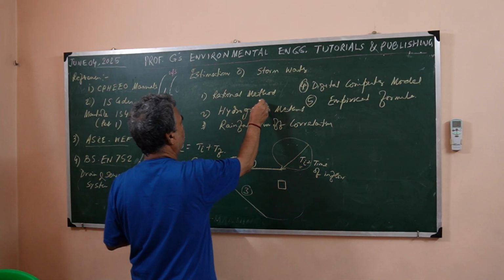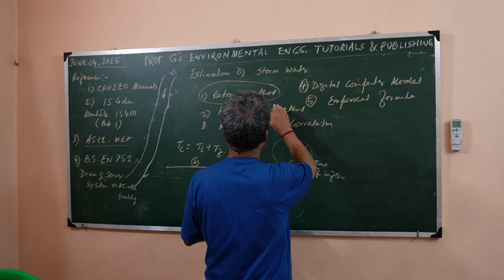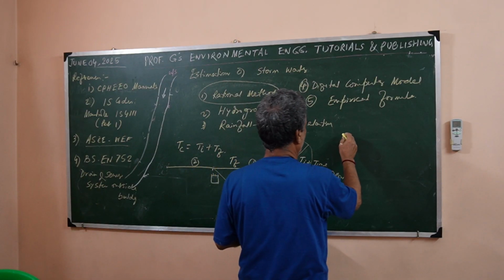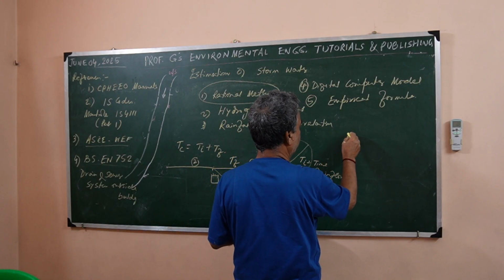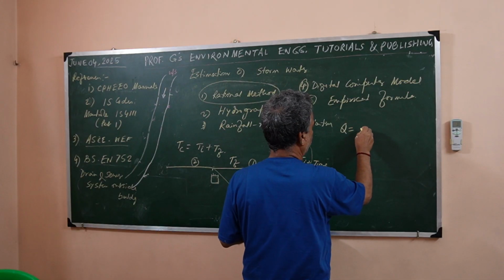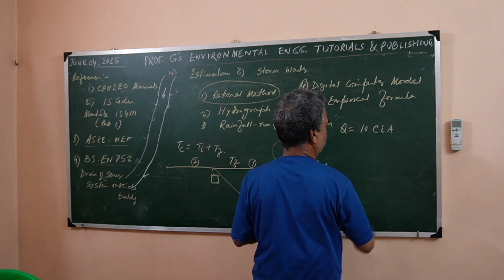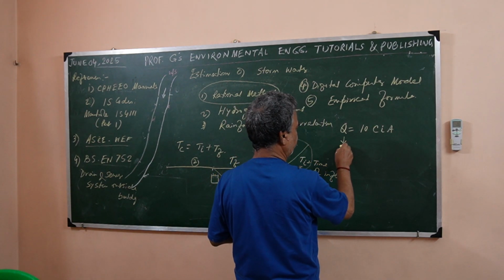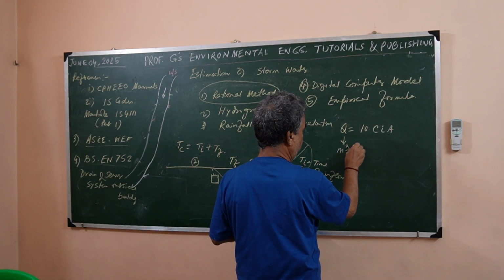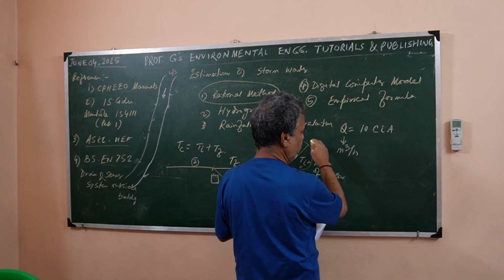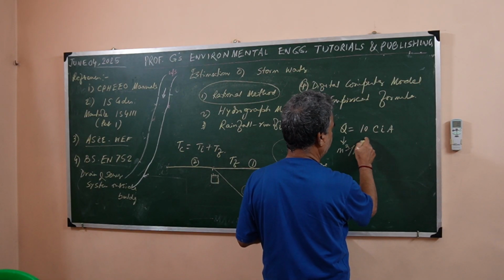Usually we use the rational method. Today I am giving the governing equation under the rational method. This would be Q is equal to 10 C I A. That means Q is the storm runoff which you are going to estimate, in meter cube per hour, which results when the rainfall occurs. 10 is for the unit adjustment.